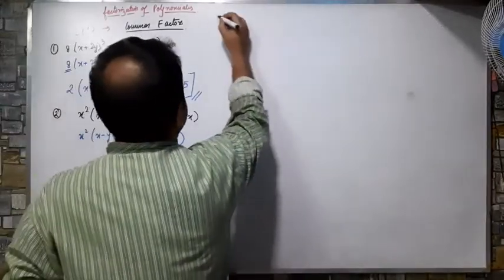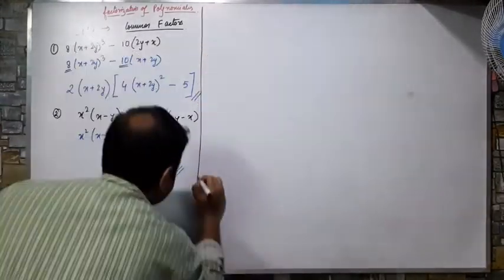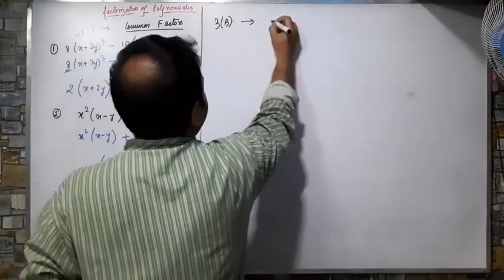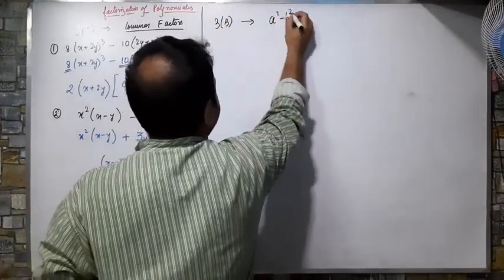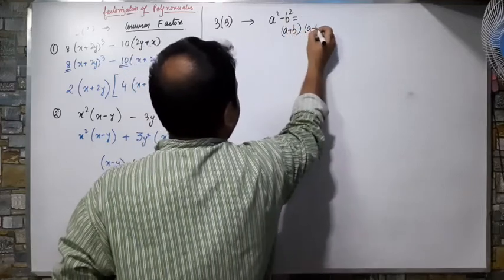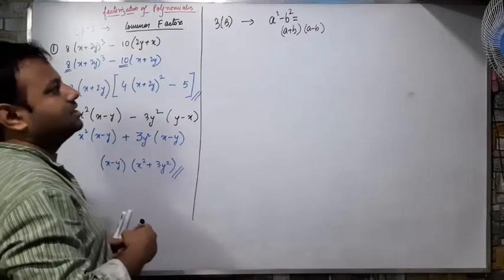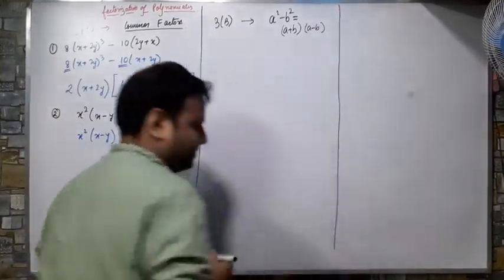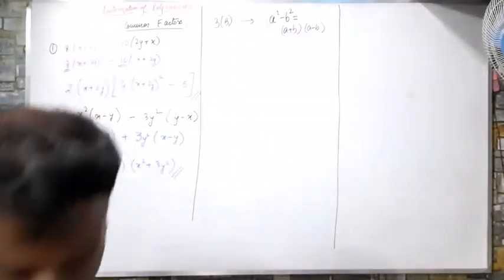Now the next exercise, 3b. 3b depends on the formula a square minus b square equals a plus b into a minus b. This is the second exercise. Now, how to do this kind of exercises?